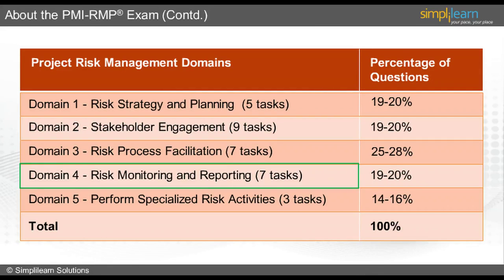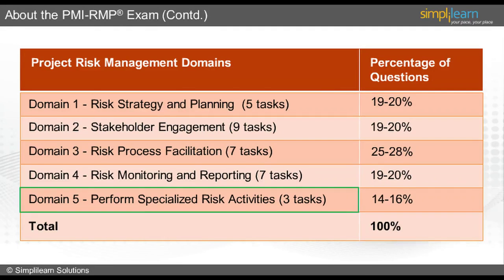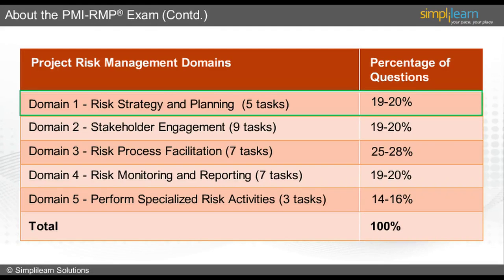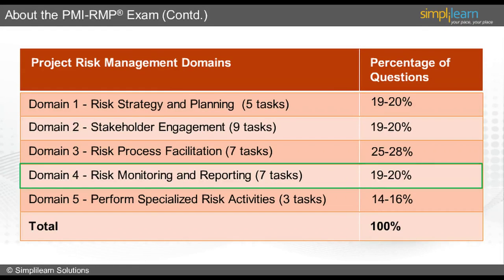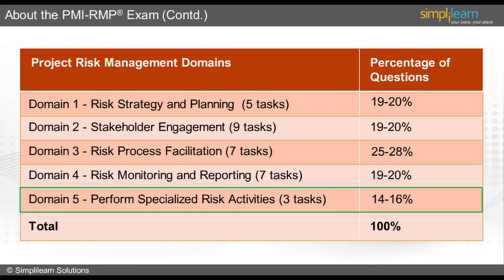About 19 to 20% of the total questions will be from risk strategy and planning, about 19 to 20% from stakeholder engagement, 25 to 28% from risk process facilitation, 19 to 20% from risk monitoring and reporting, and 14 to 16% from perform specialized risk activities. The next slide deals with timeline of the RMP credential process.